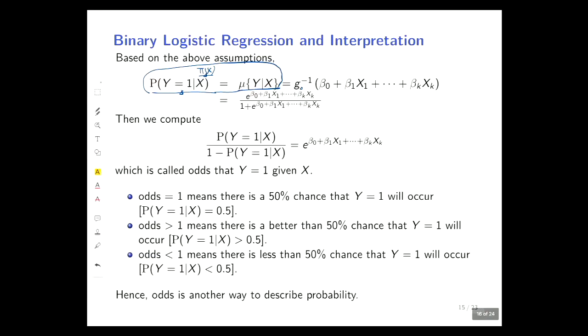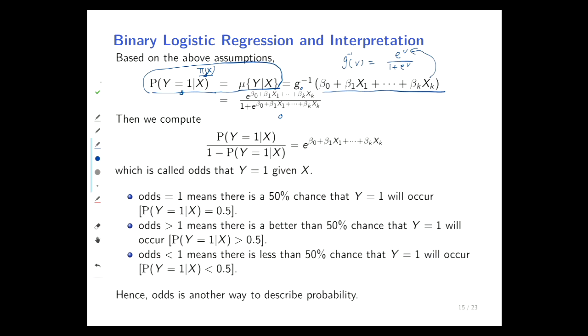If we plug in g inverse, g inverse of v equals e^v divided by 1 plus e^v. So just put those linear combinations in v, and then you can compute the probability. This is exactly the probability that y equals 1 in this binary logistic regression model.